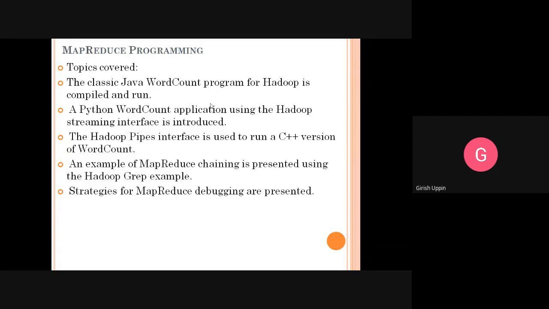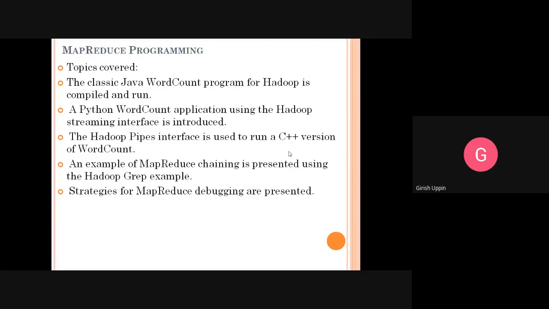the implementation of the word count program using different technologies. Next one is Python, using the Python word count application with the Hadoop streaming interface. So in the case of Python, we use the streaming interface, and also we have the Hadoop pipes interface used to run the C++ version of word count.